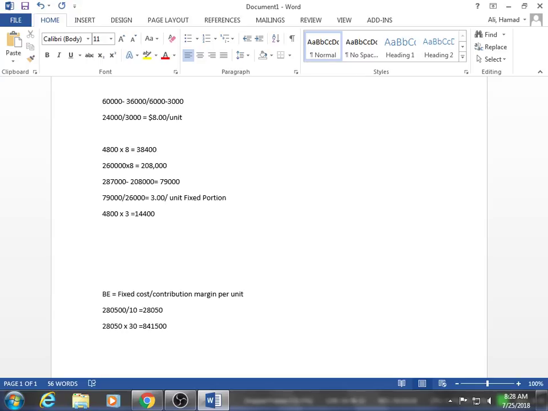So that means you're going to do these calculations first. The fees and general expenses are cut. So instead of the 80,000, it will be 37,500.